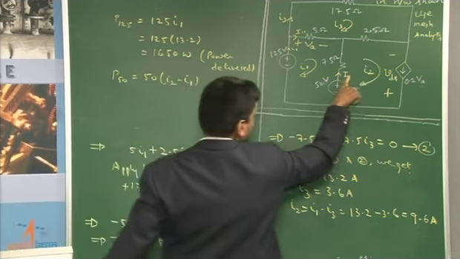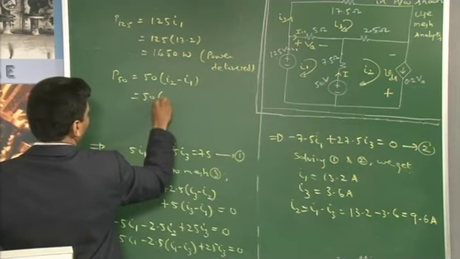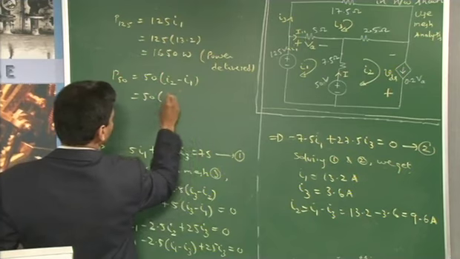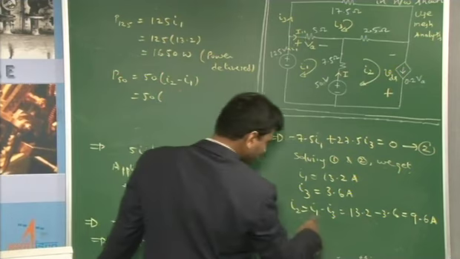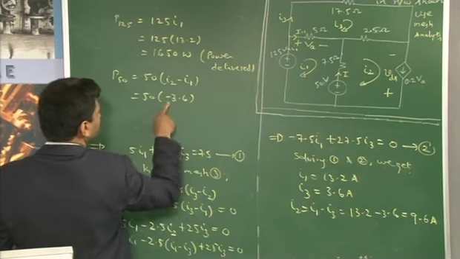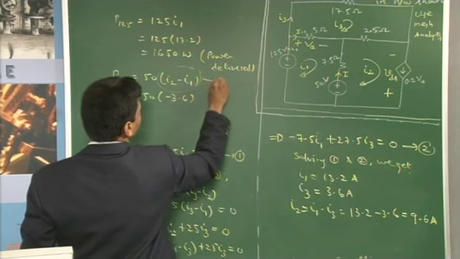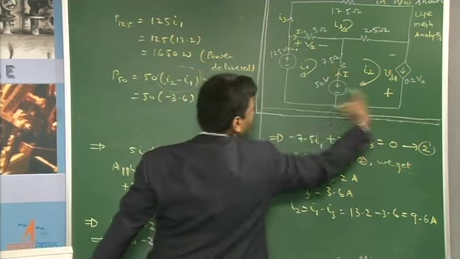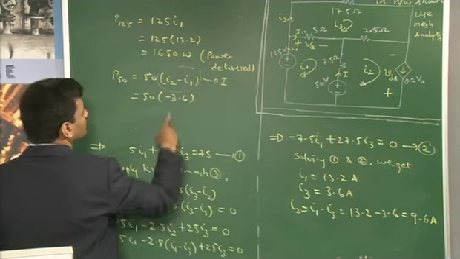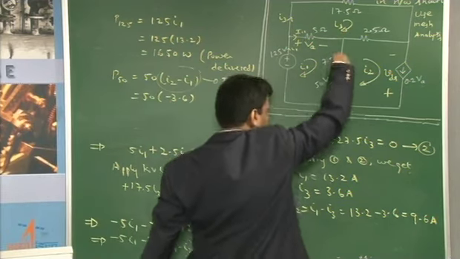Next, P50 is actually 50 times I2 minus I1. I2 minus I1 is nothing but I, which is going in this direction, and let us calculate that: 50 into I2 minus I1. 9.6 minus 13.2 will be minus 3.6. Minus 3.6 means, this I2 minus I1 was I, so I is not actually in this direction, but is flowing in the other direction.